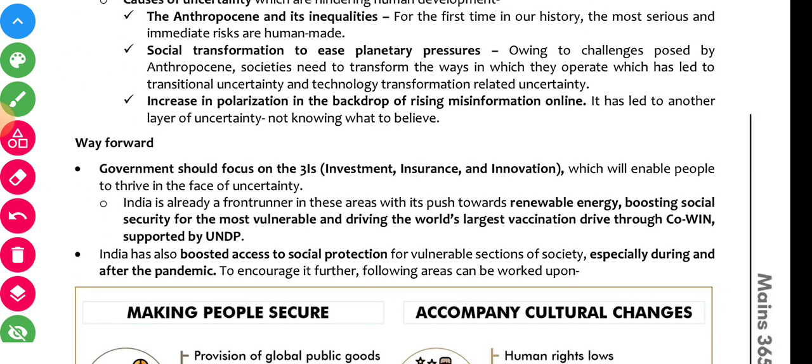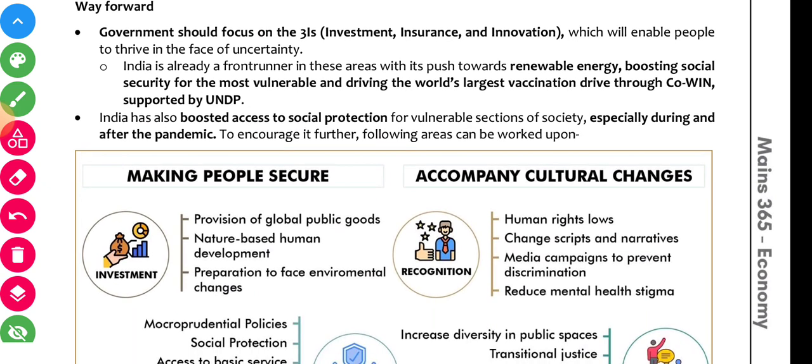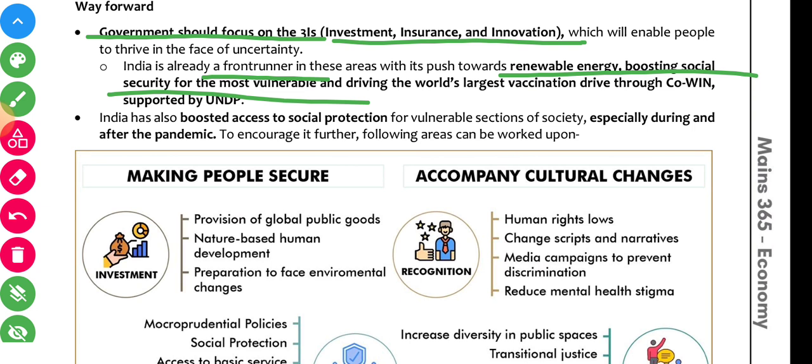What is the way forward to tackle the declining human development index ranking? Government should focus on 3 I's: investment, insurance and innovation. India is already a front runner in these areas: renewable energy, boosting social security for the most vulnerable, and driving the world's largest vaccination drive through COVID, supported by the United Nations Development Programme and other countries.